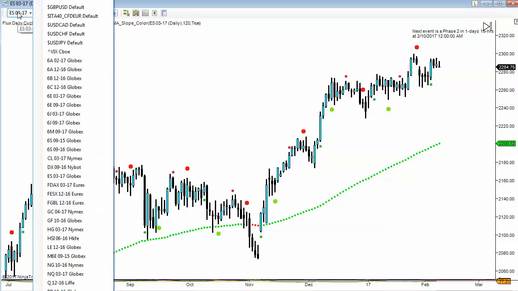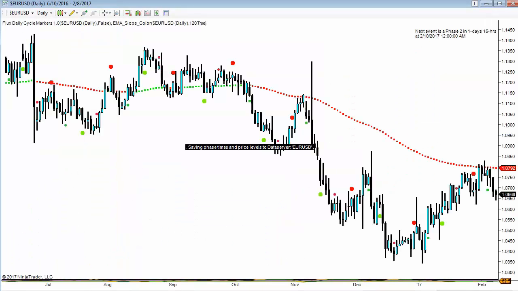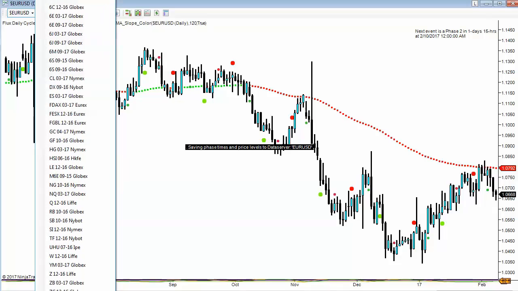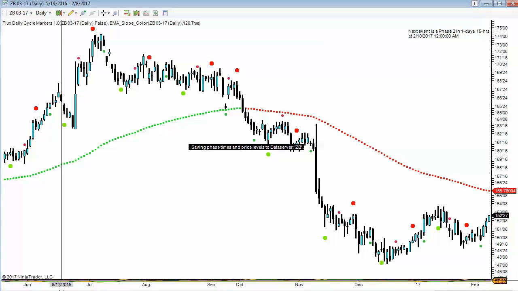It's not just the E-mini S&P that this works with, too. It also works with other markets like the Euro USD. It also works with things like bonds. And there are fairly predictable things that happen as we enter into the new phases of the energy cycle that we're tracking.